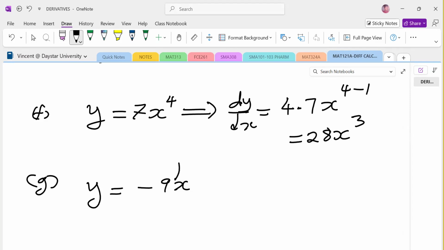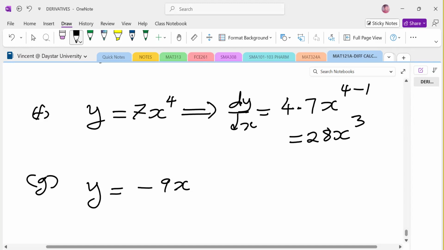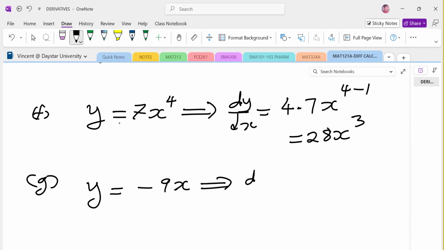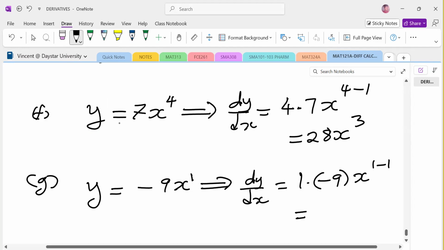So this implies that dy dx equals, so there's a 1 here, so 1 times minus 9, then x power 1 minus 1, which is minus 9, because x power 0 is just 1.